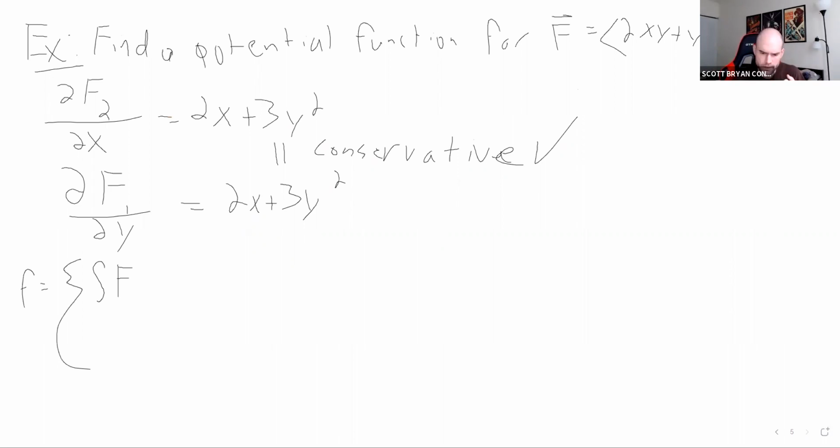I just took the partial of the second component with respect to x and the partial of the first component with respect to y, and both of those were 2x plus 3y squared.